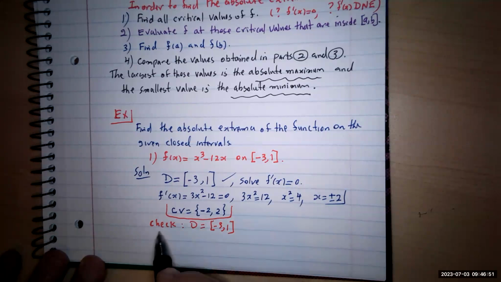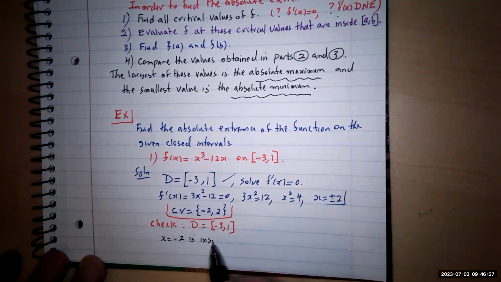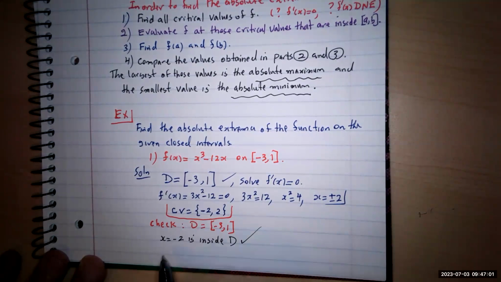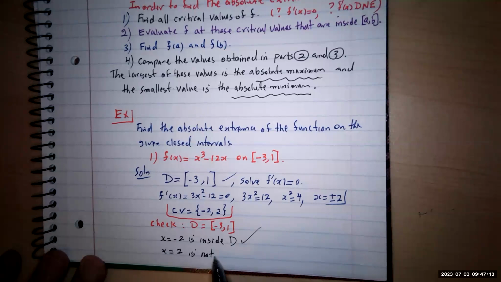So x equal to -2 is in D, is inside D. So you accept it. And you have the other one, x equal to 2. But x equal to 2 is not inside. It's not in D. It's not in your domain, so you reject it.